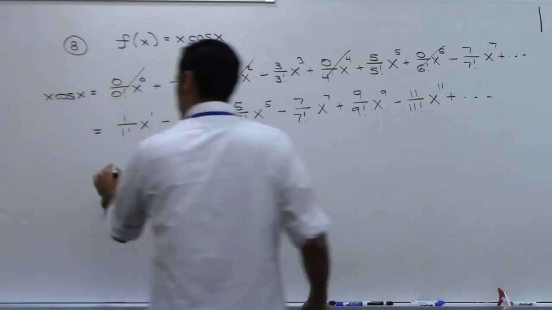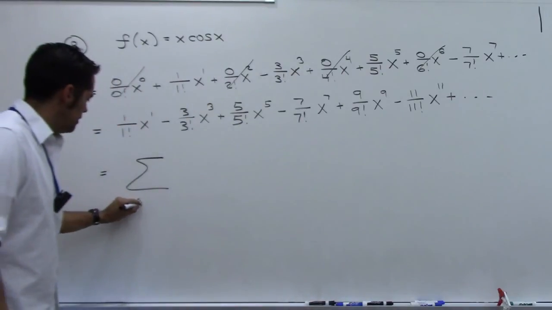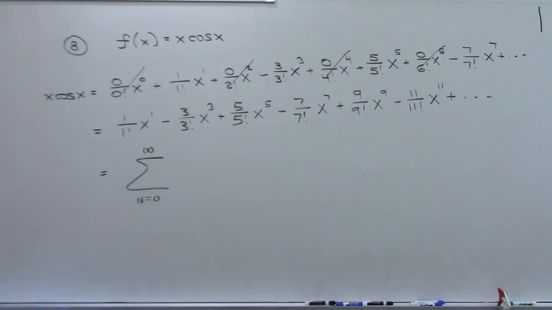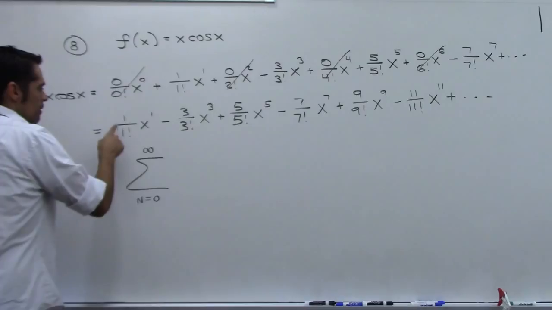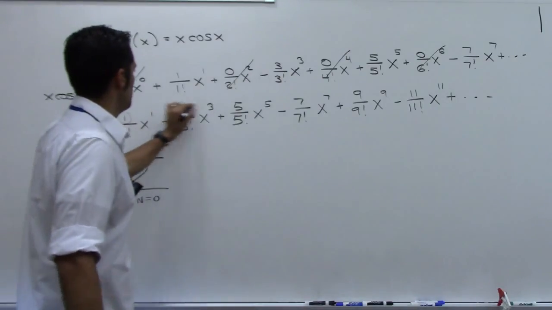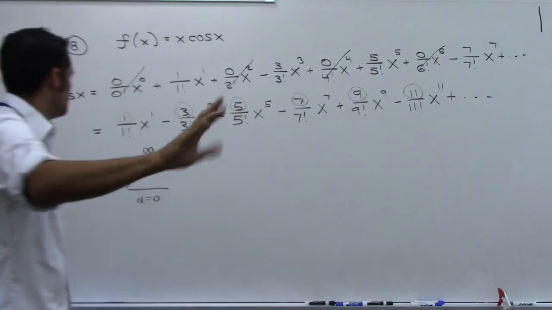And now I need to come up with a formula for this. I'm going to start my index at 0 and go to infinity. Well, this is odds again, right? I've got odd numbers: 1, 3, 5, 7, 9, 11. Oh, the alternating. Oops, I should take care of the alternating.